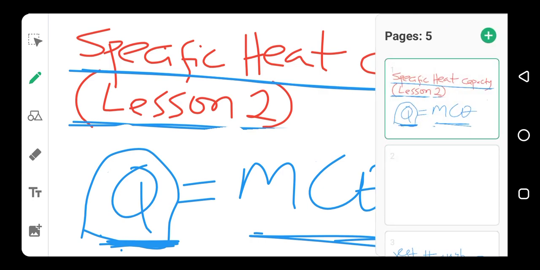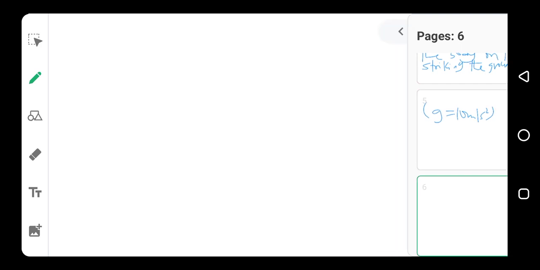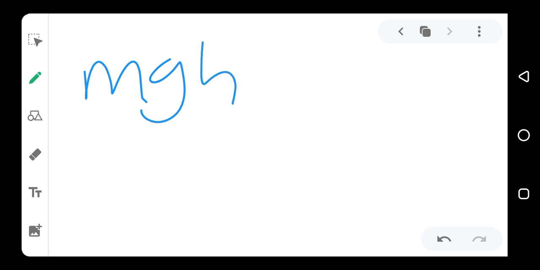For instance, for potential energy. Potential energy is mgh, where m is the mass of the object, g is acceleration due to free fall, and h is the height of the object, height from where the object is.